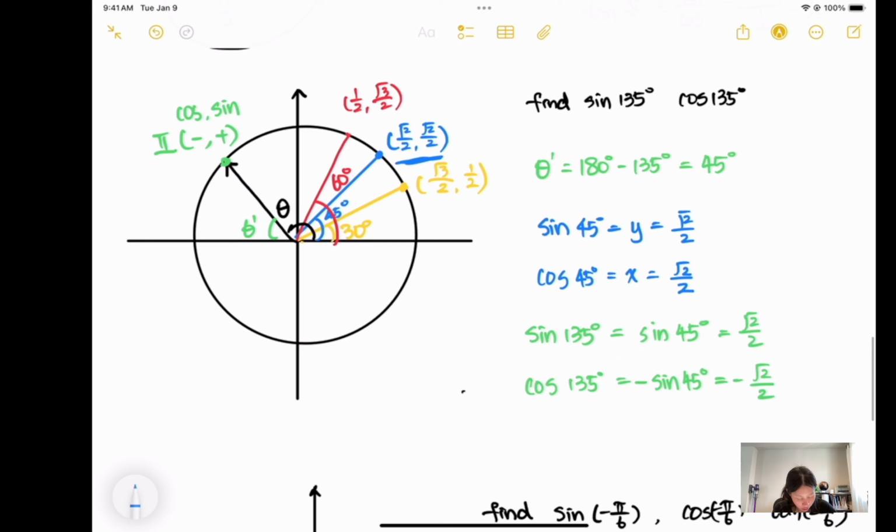After we found the coordinates, now we need to look at where tau is. Tau is in the fourth quadrant. What's special about the fourth quadrant? In the fourth quadrant, x is positive and y is negative. So x, which is our cosine, is a positive number, and our sine is going to be negative.